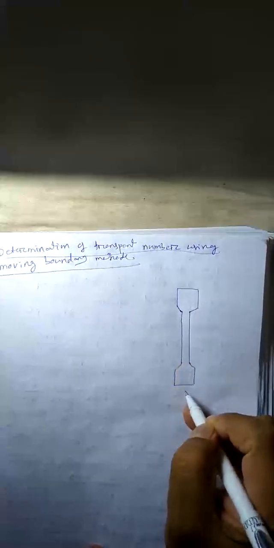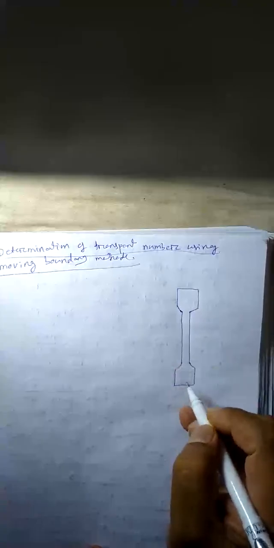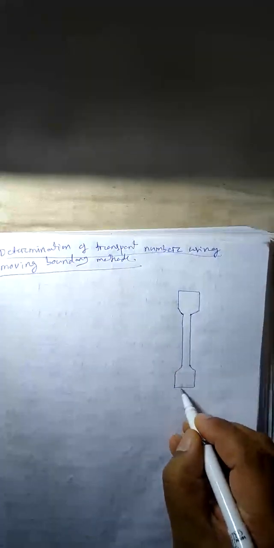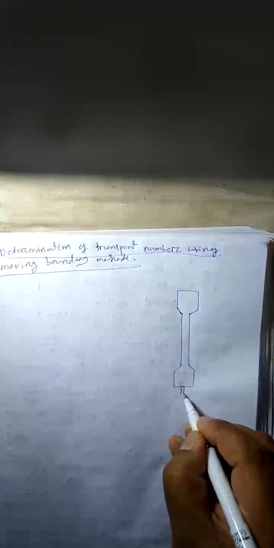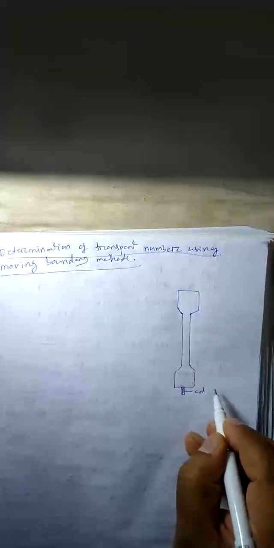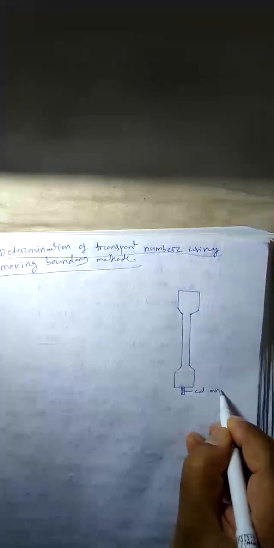This is the cathode portion, and the bottom is the anode portion. The anode is made of cadmium metal. We call it cadmium anode.